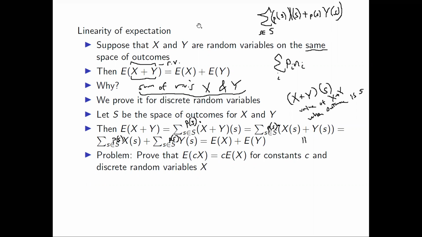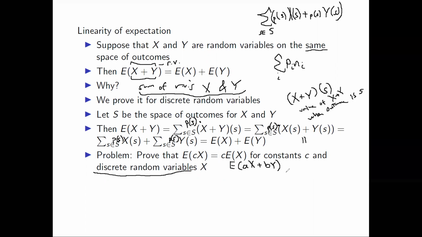And notice that if that is true, then we can say that the expectation of ax plus by, I'm only asking you to prove this for discrete random variables.